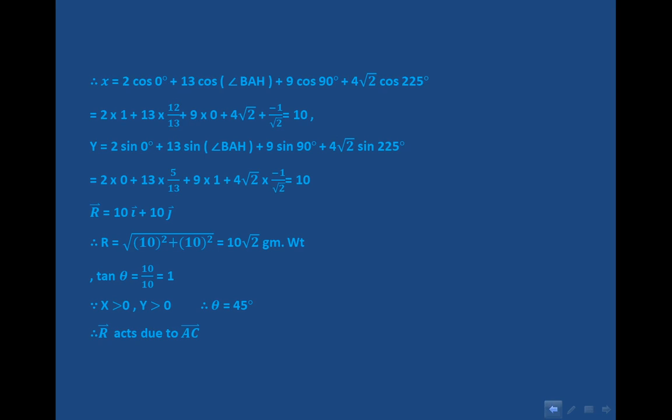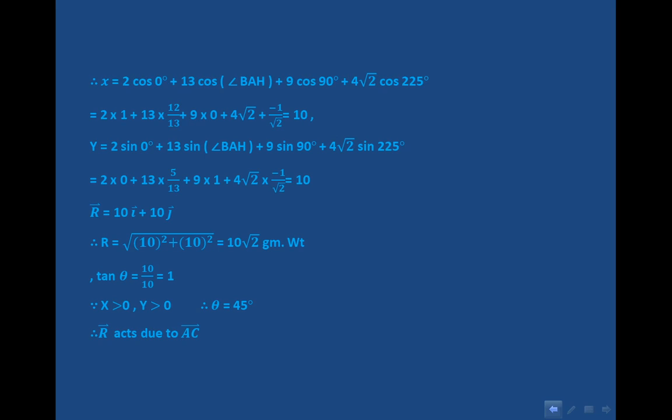X component equals 2 cosine 0 plus 13 multiplied by cosine angle BAH plus 9 multiplied by cosine 90 plus 4 root 2 multiplied by cosine 225. Then X component equals 10.